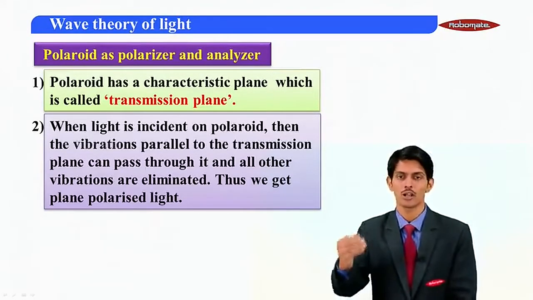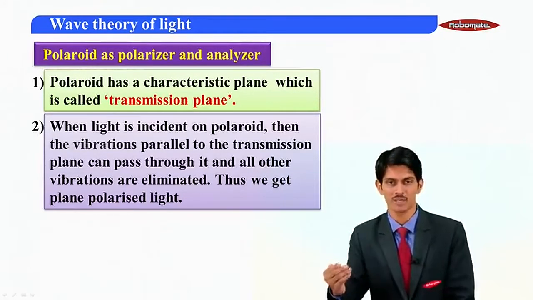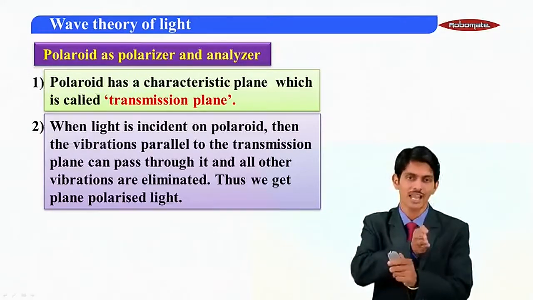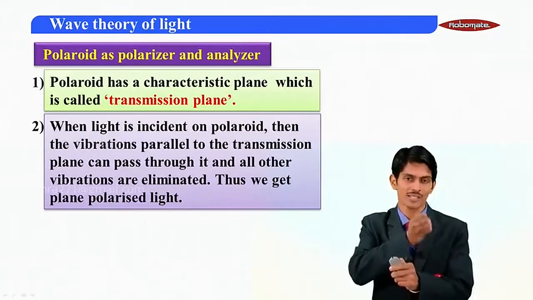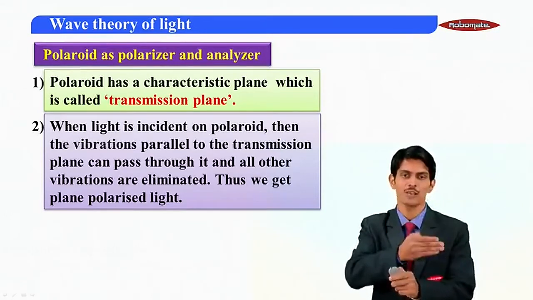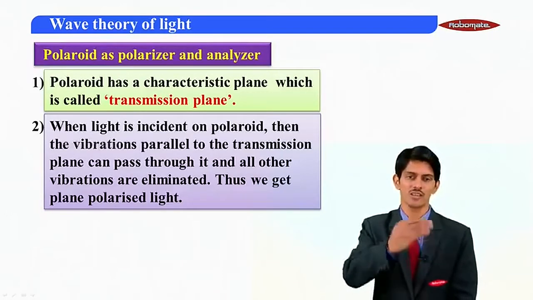All other vibrations are eliminated, and finally whatever light we get will be plane polarized, meaning the vibrations of the electric field will be confined to a single plane.